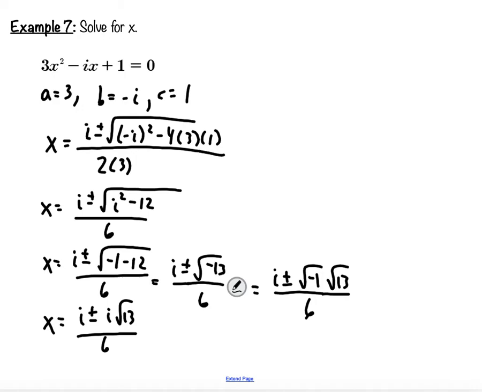And so since both the terms up there in the numerator are the same, we could just pull that GCF out. And if I pull the GCF out there in the numerator, so you can just take it times i, or you could leave it like that. It doesn't matter. You can leave it as i plus or minus i square root of 13 all over 6. Just because both those terms had an i in common, I just put it out last.